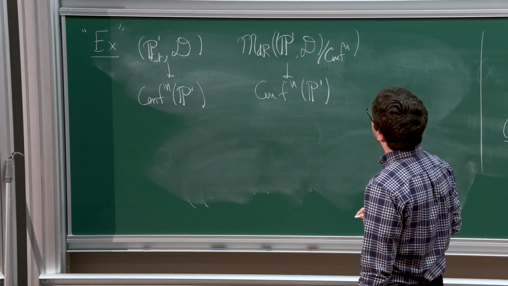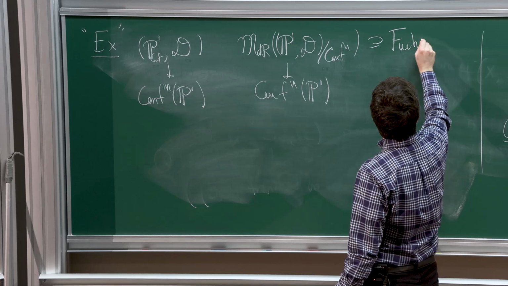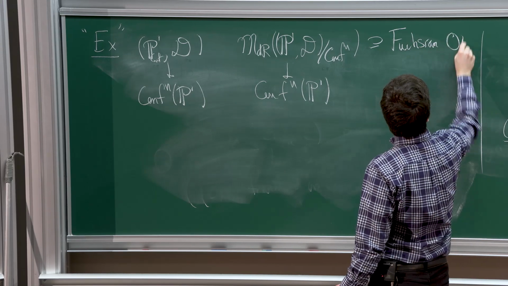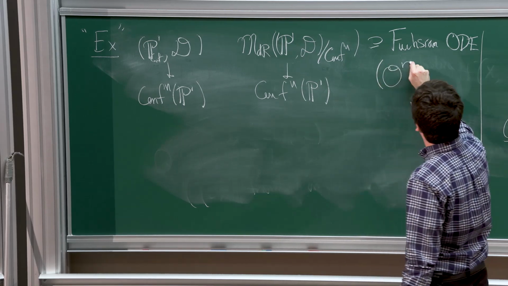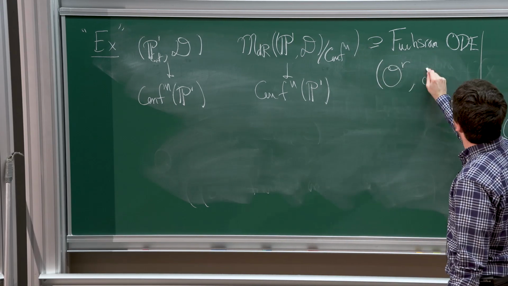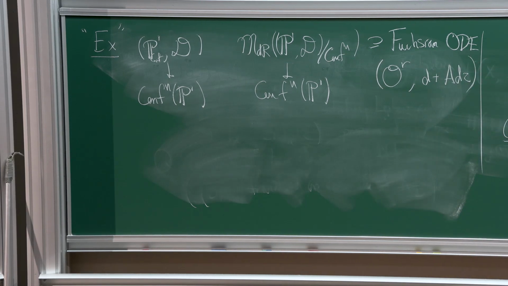All right. So inside of this, there's the locus of Fuchsian ODE, which are flat bundles of the following form.